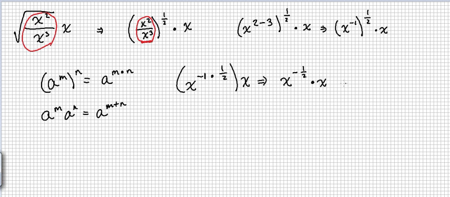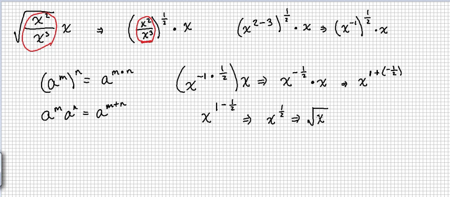So we have x to the 1 plus negative 1/2. One is positive and one is negative, so this is x to the 1 minus 1/2, and 1 minus 1/2 is 1/2. So that is x to the 1/2, which is equal to the square root of x. That's how we would simplify that one.